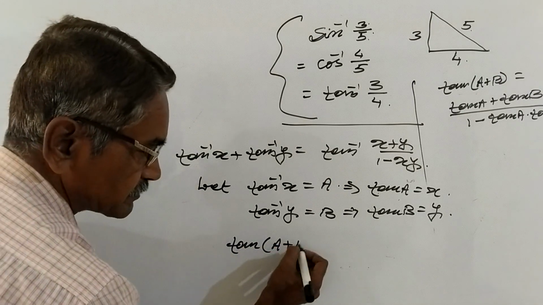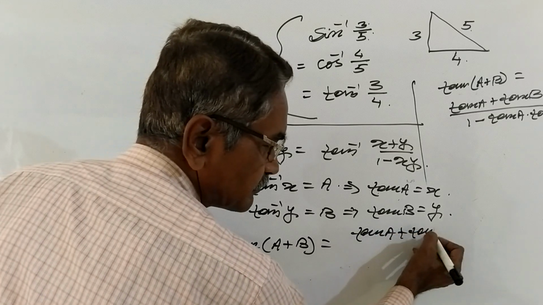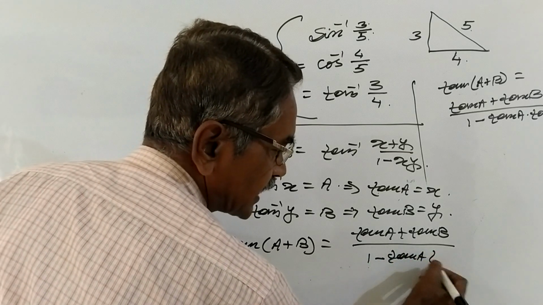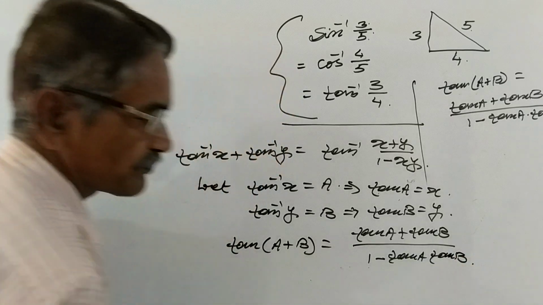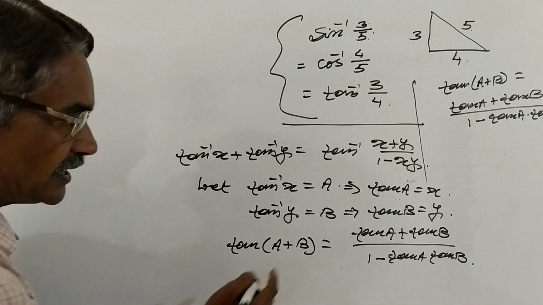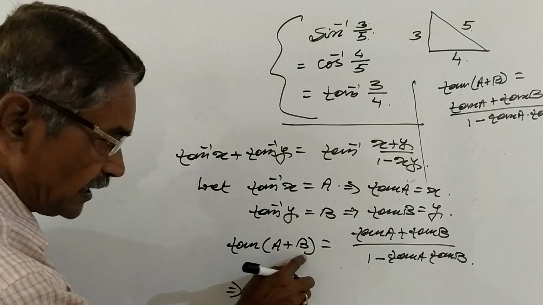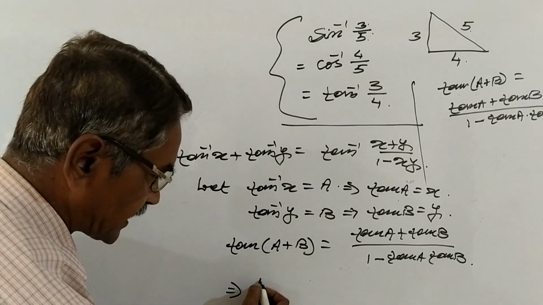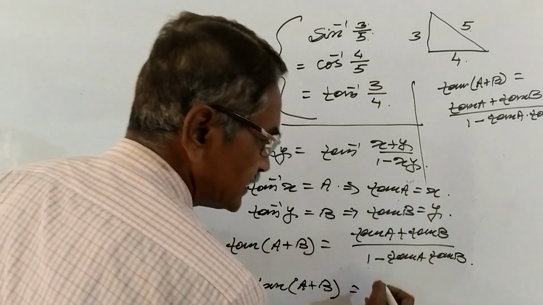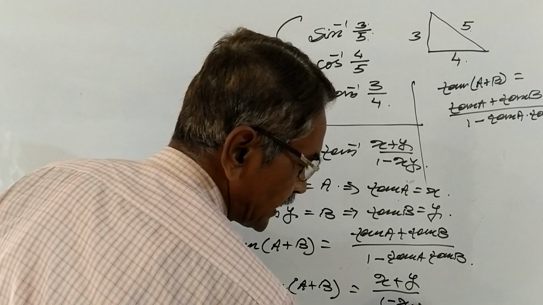Tan (a plus b) equals (tan a plus tan b) by (1 minus tan a into tan b). Directly write tan (a plus b) equals, tan a is x, tan b is y, by (1 minus x into y).